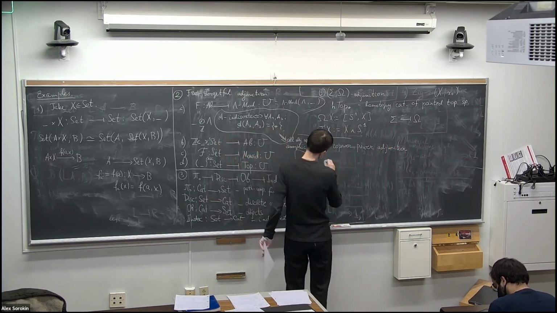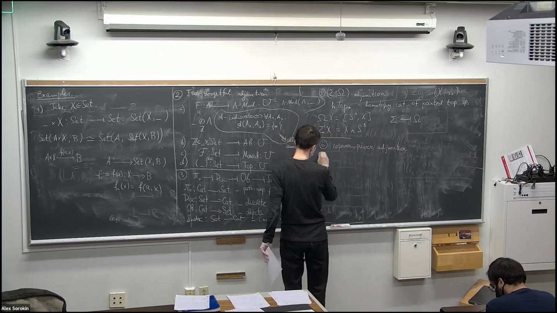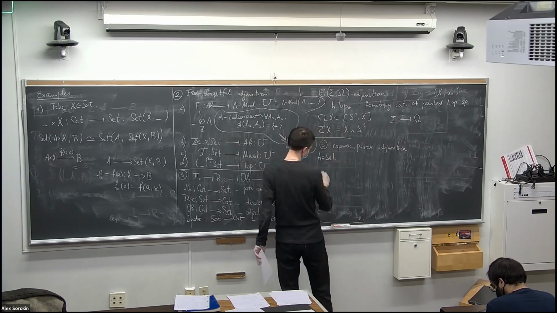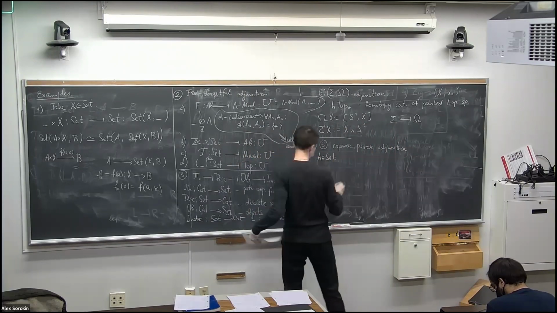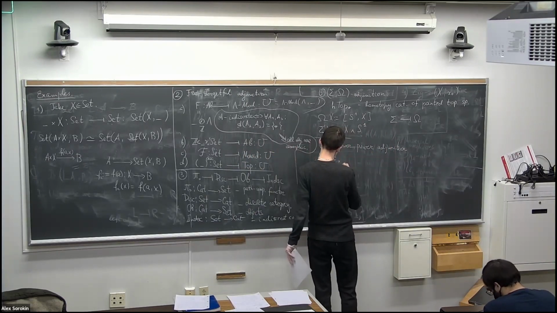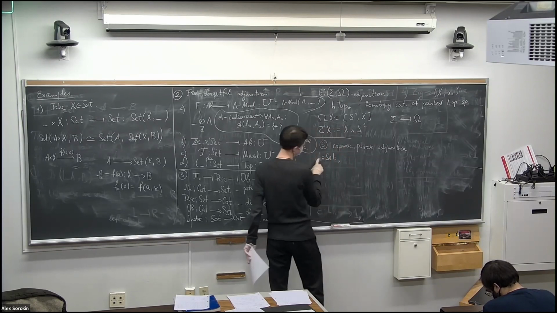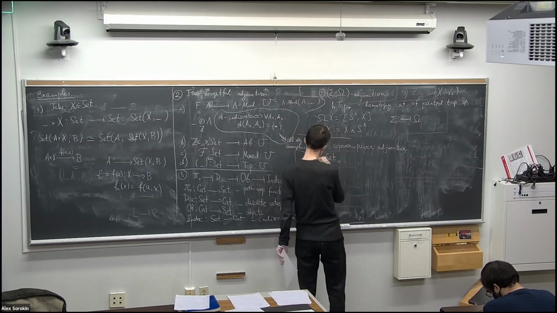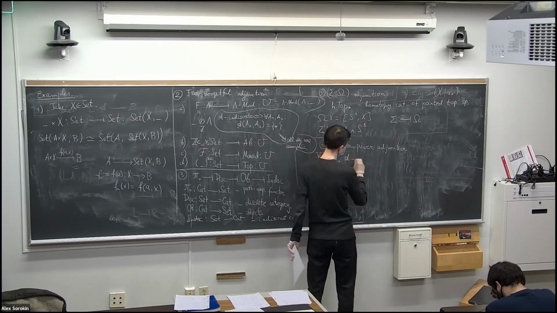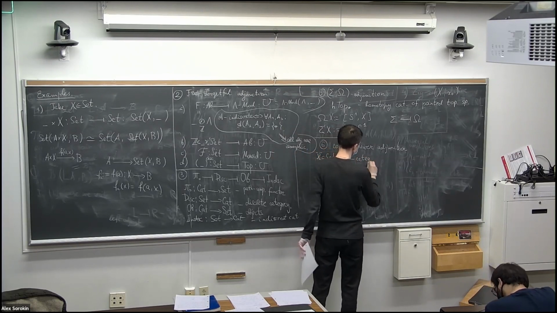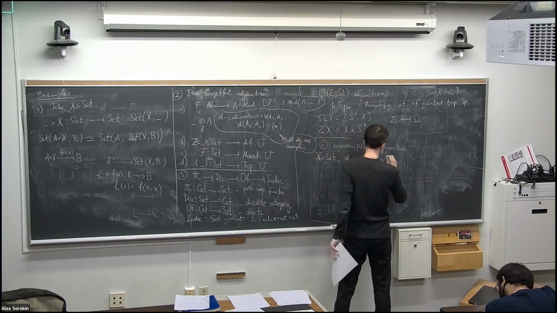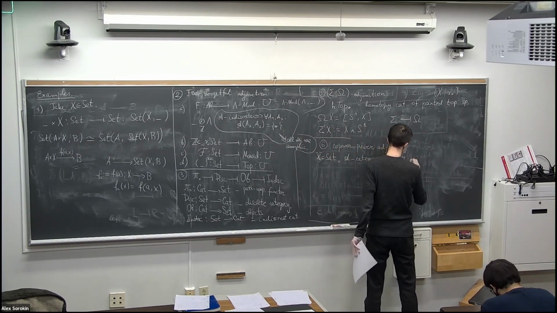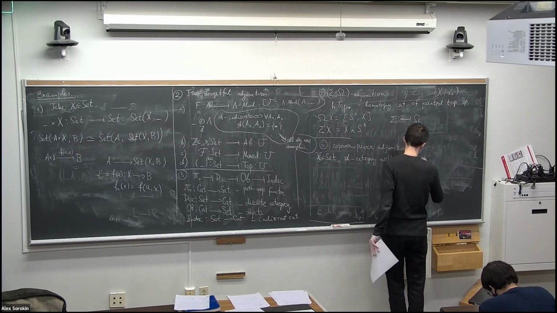What is it? I'm taking a set X, and a category with all products and coproducts.